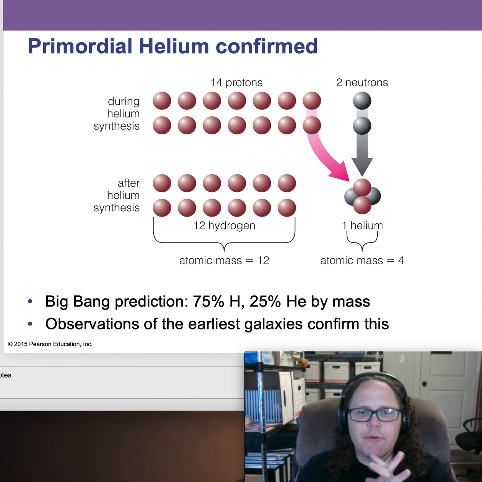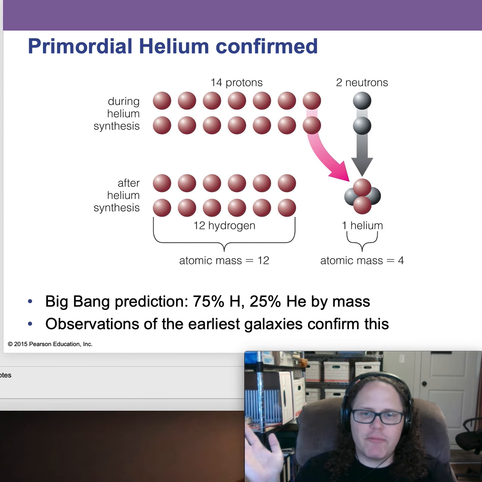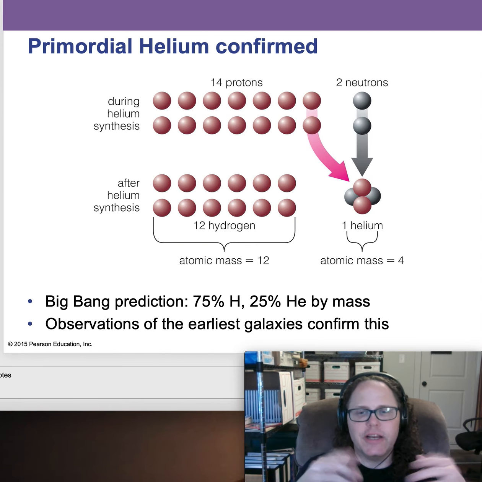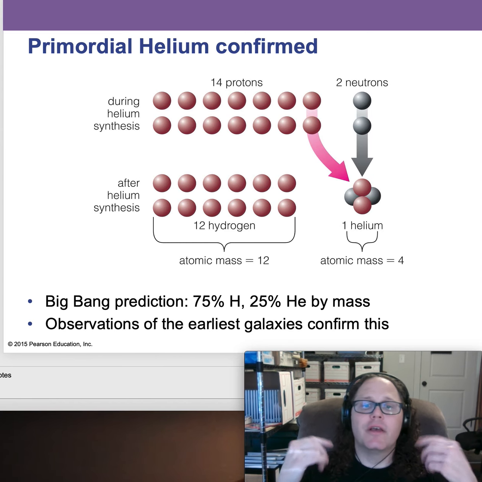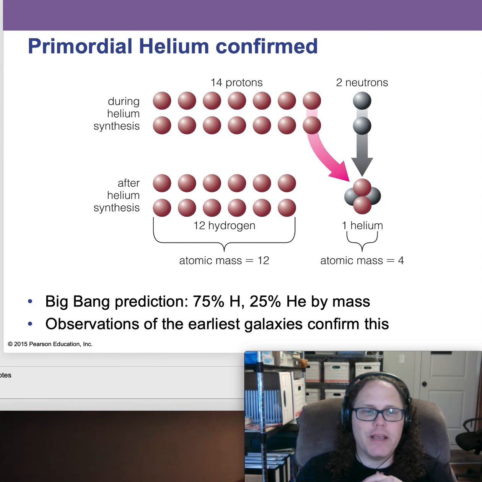So the Big Bang predicted 25% of the hydrogen in the universe should have fused together to form helium. And observations confirm this.